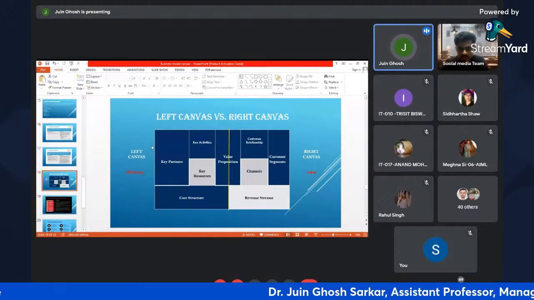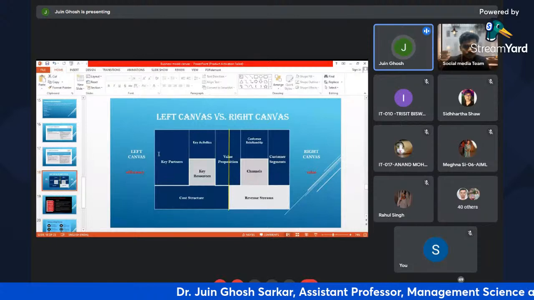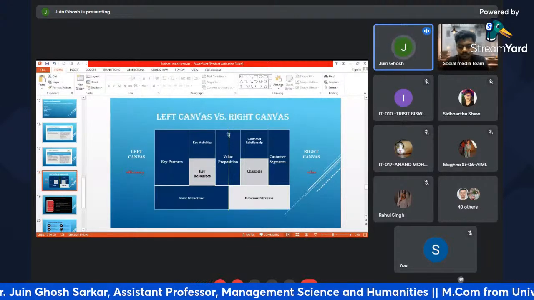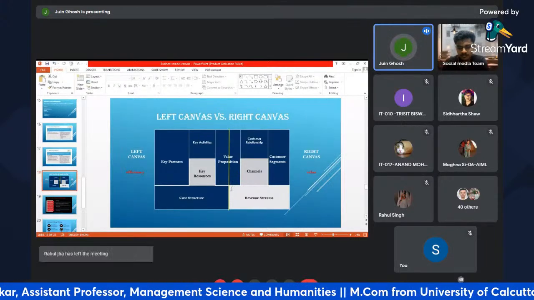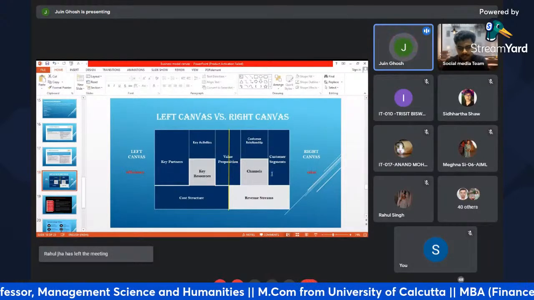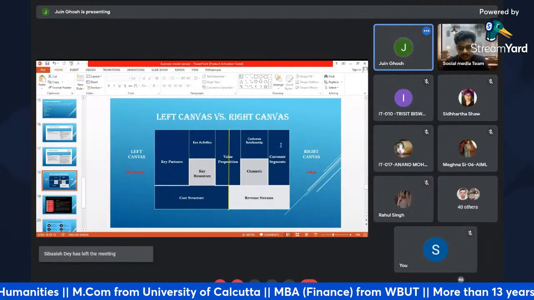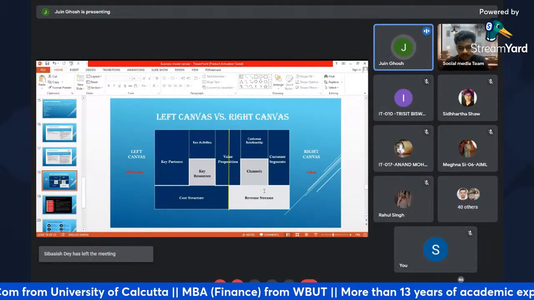So just see this left side of the canvas. The business model canvas actually represents the efficiency from the organizational point of view, and the right side of the canvas represents the value from the customers that you are receiving.